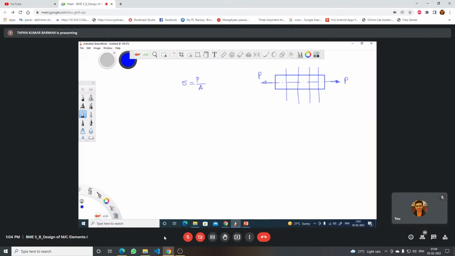We know if the component is subject to a bending moment, you can calculate the bending stress. If it is subject to a torsional moment, you can calculate the torsional stress also. Possible.